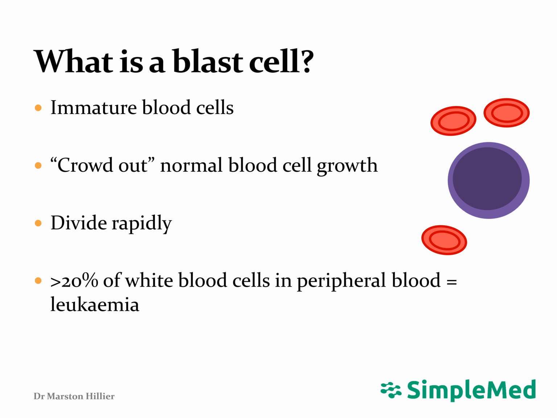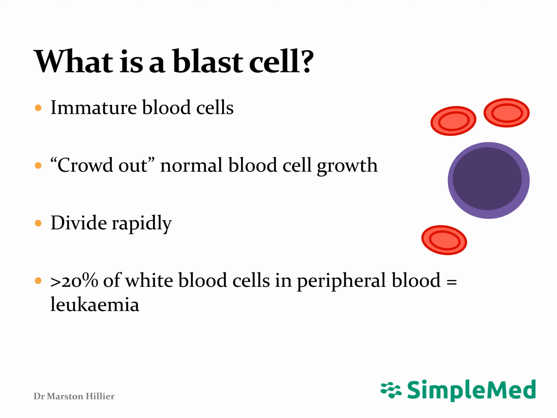As they are blast cells and very immature, they do not function as normal white blood cells. The key differentiating point here is that the large number of blast cells stops the bone marrow from working.